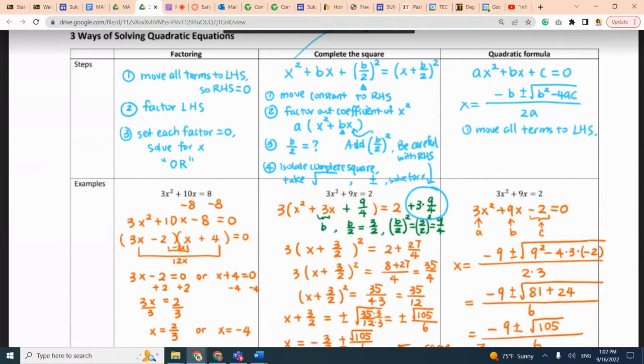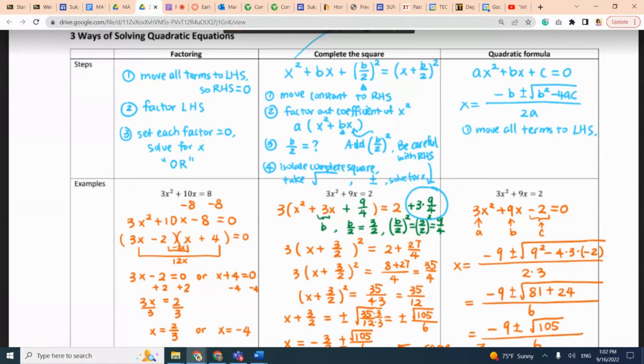That's why you try different combinations. You realize if we put negative 2 here and 4 here, we will get negative 2 times x is negative 2x, 3x times 4 is 12x. And when we add them together, we get 10x. So this is how we factor it. Is that okay, everybody?